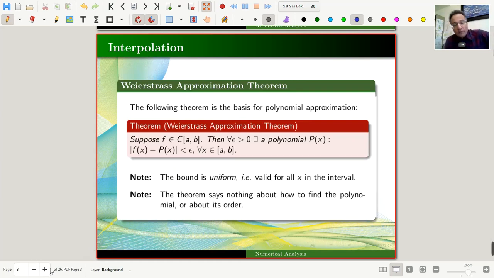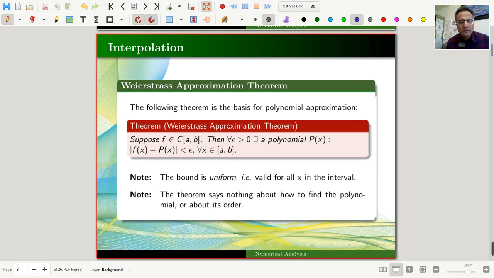Now, let me start with a theorem called the Weierstrass approximation theorem. Let f be a continuous function on an interval [a, b]. Then, for all epsilon greater than 0, there is a polynomial p(x) such that the absolute value of the difference between f(x) and p(x) is less than epsilon for all x in the interval [a, b].